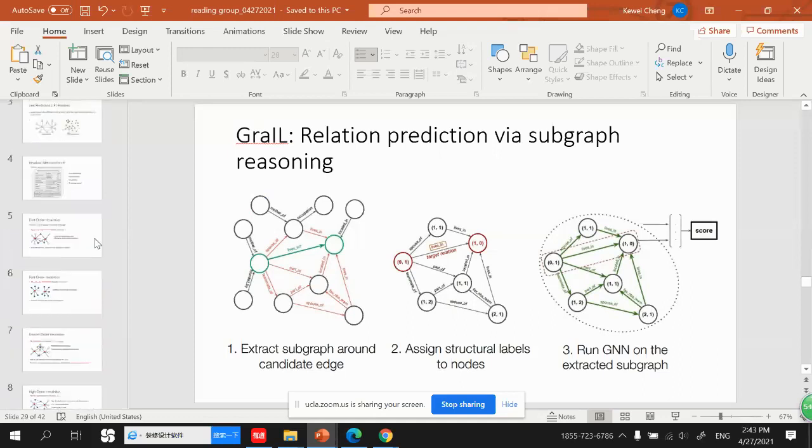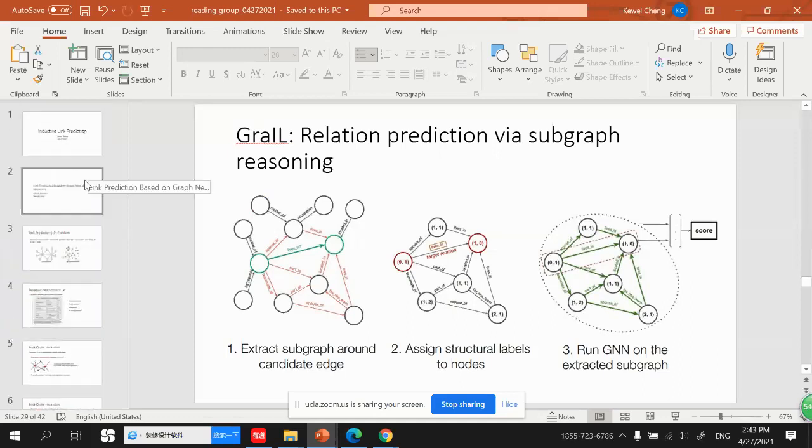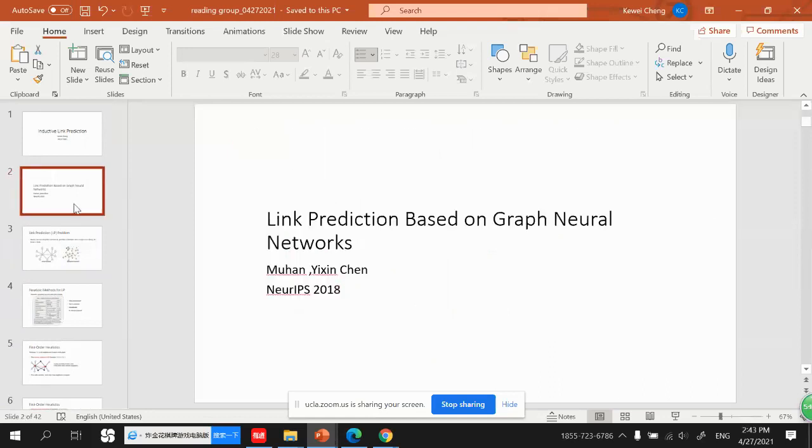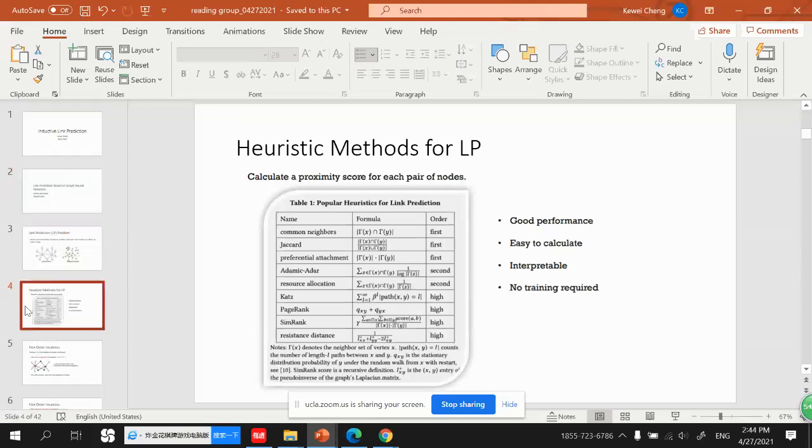Yes, sorry for the unclearness. For the first paper, as we just discussed, this paper is inspired by the heuristic methods for link prediction.